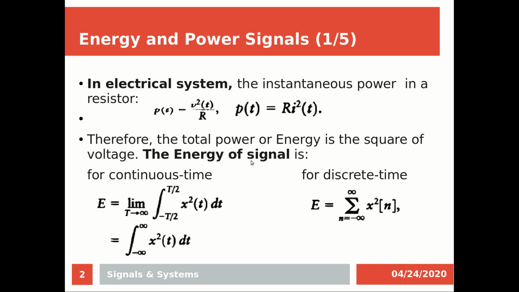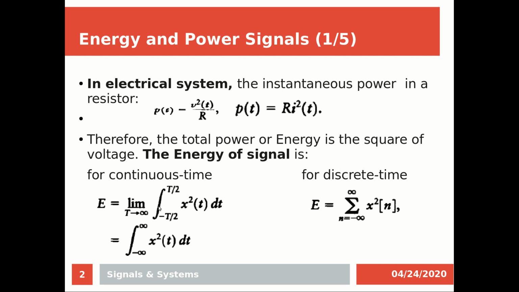The energy is the square of the voltage here, the square of the signal, x of t squared, and we usually take the limits to infinity, from minus T over 2 to T over 2. So this is for any signal, and if you take it from minus infinity to infinity, applying the limits, then you will get the energy as this, and this is for the continuous time.